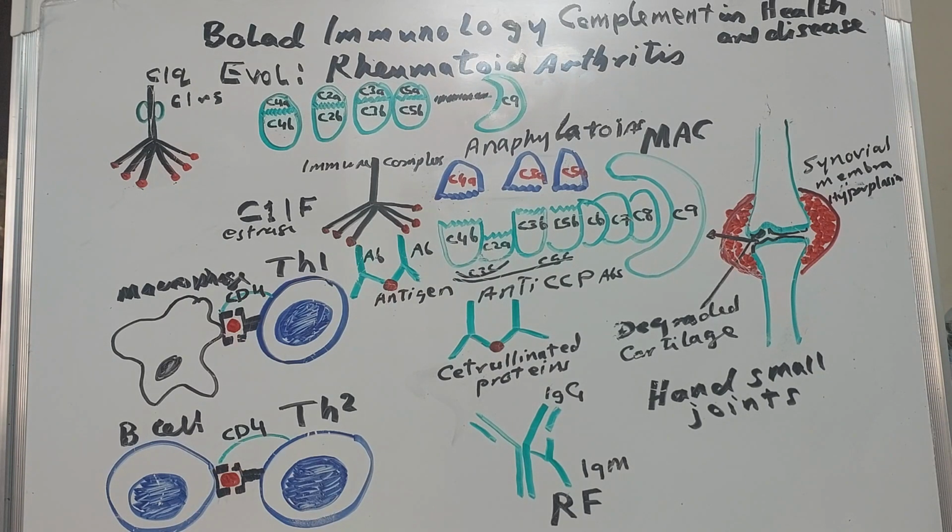For example, we know that African ladies are deficient in complement component number 6, and they usually get what is so-called systemic lupus erythematosus. And also deficiency in the receptor on the surface of the cells may predispose to SLE.